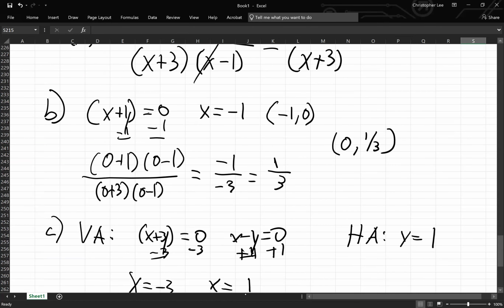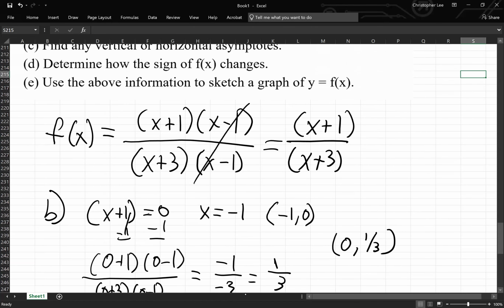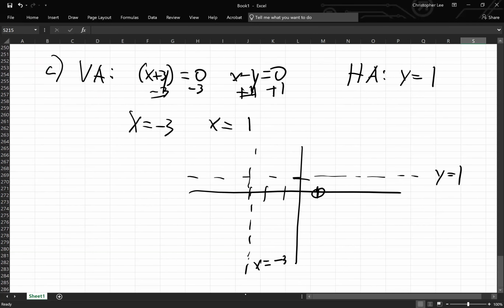In a sense, you want to be able to plug in some numbers here, see what happens. So if I plug in a number, I cannot plug in -3, but if I plug in like -4, I notice I have negative, negative, negative, negative. So positive over positive. So at -4, it's positive. So I'm assuming we have something like this going on, which implies that this should have something like this going on.